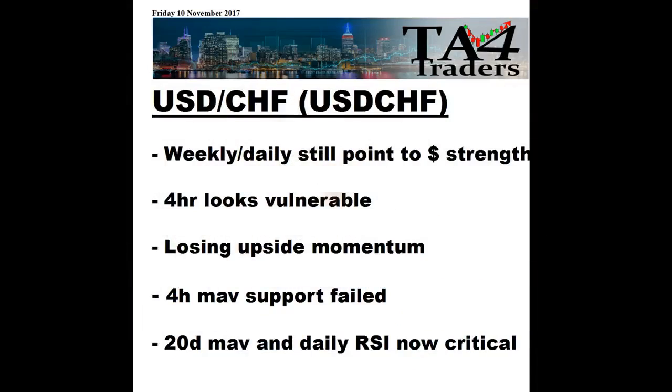So that's been us looking at the US dollar against the Swiss franc. The conclusions from the video: weekly and daily are still slightly pointing to dollar strength. However, the 4-hour is looking vulnerable for the dollar. We're losing upside momentum.